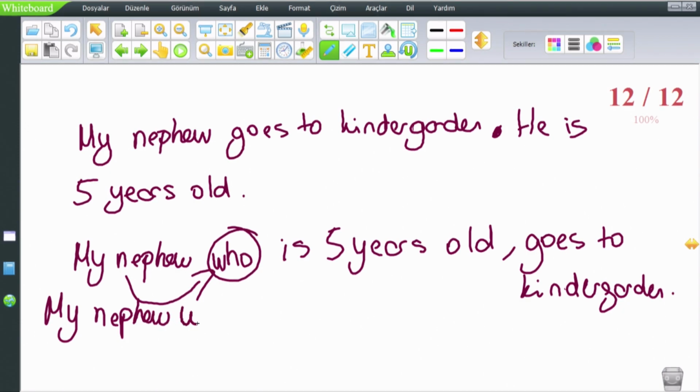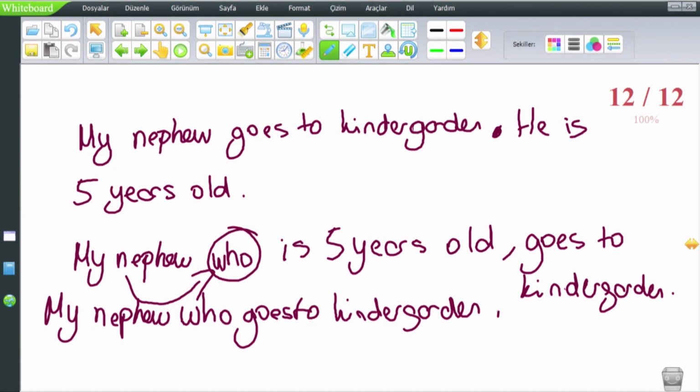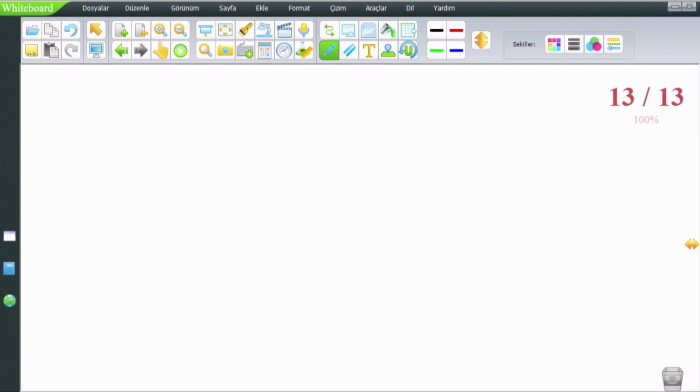My nephew, who goes to kindergarten, is 5 years old. So, as you can see, it can change when we're using relative pronouns such as who, which, that.